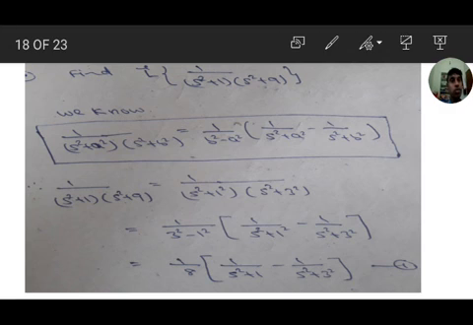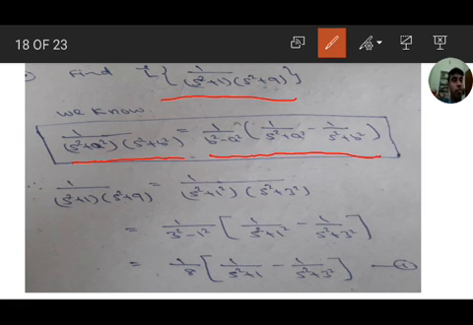Find L inverse of 1 by (s square plus 1)(s square plus 9). Here also the same method. We know the result: 1 by (s square plus a square)(s square plus b square) equals 1 by (b square minus a square) into (1 by (s square plus a square) minus 1 by (s square plus b square)).